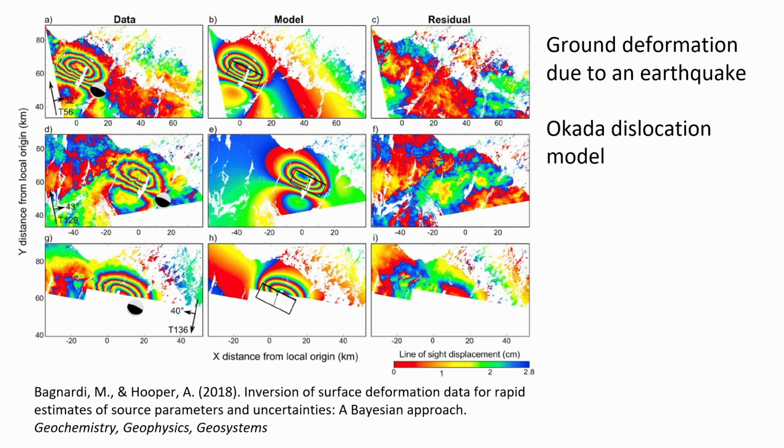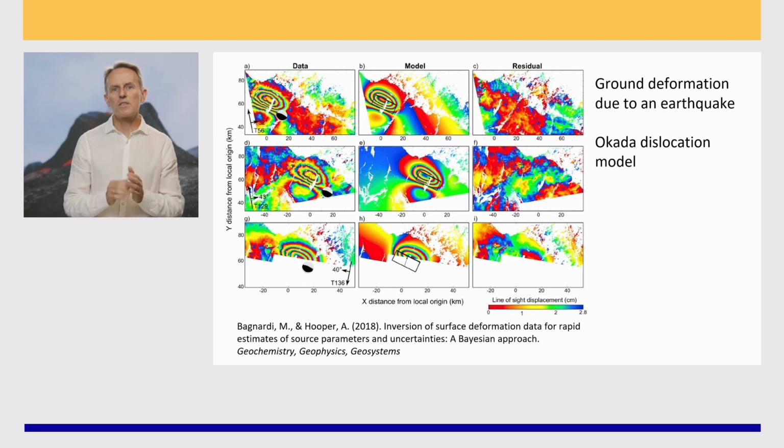For an earthquake fault, there are 9 model parameters. If we want to understand volcano deformation, we need to understand deformation produced by earthquakes, because these also occur on volcanoes. The most commonly used model for earthquake faulting is of the Okada dislocation type that we have mentioned in the context of magmatic sheets.